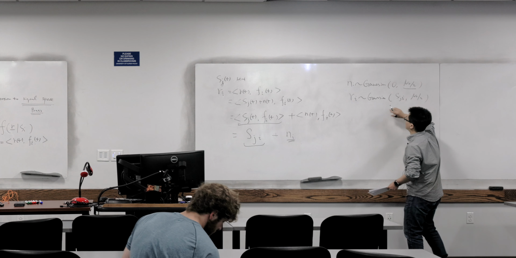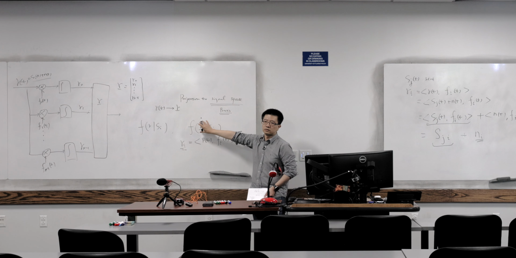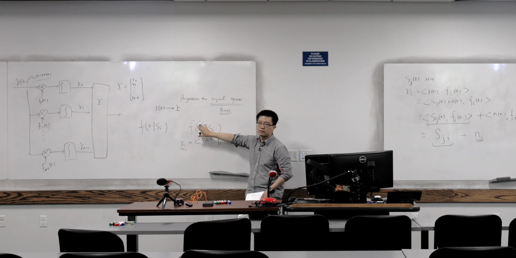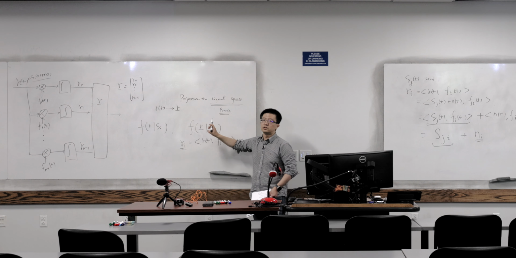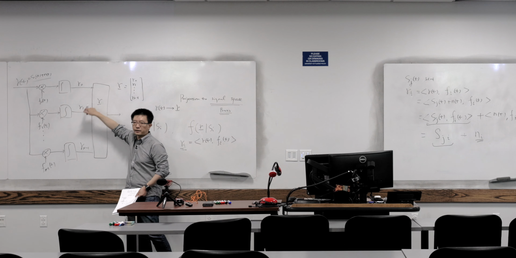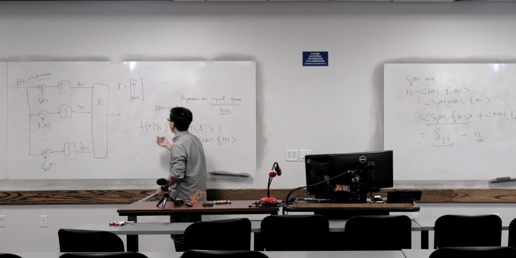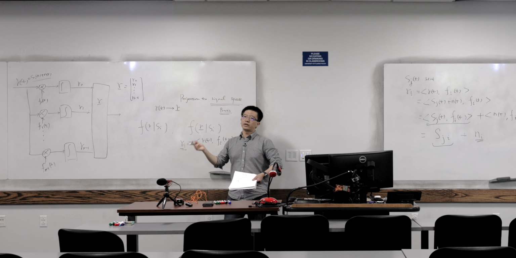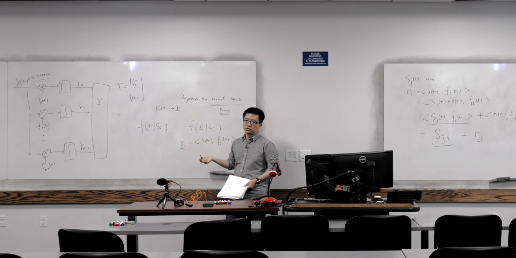What we have not seen before is that we now need to characterize the joint distribution of this random vector R. Besides the marginal distribution of each individual Ri, we need to characterize the joint distribution, or the covariance matrix. As we said, what we want is for all of them to be independent. If they are independent, then we just multiply each marginal distribution to get the joint distribution.